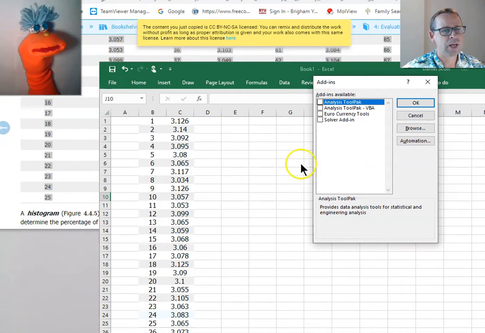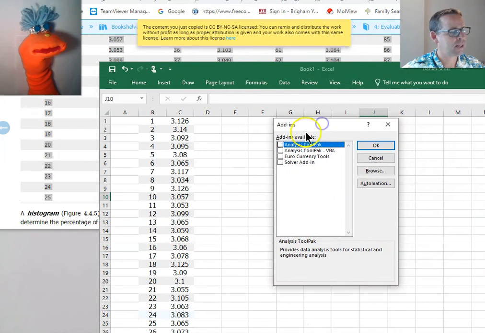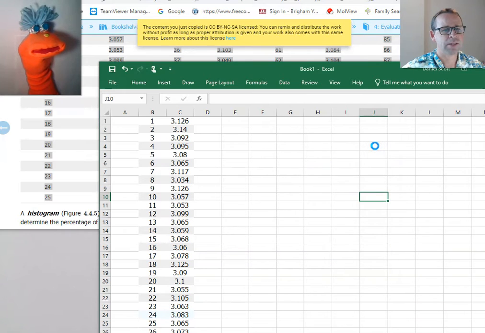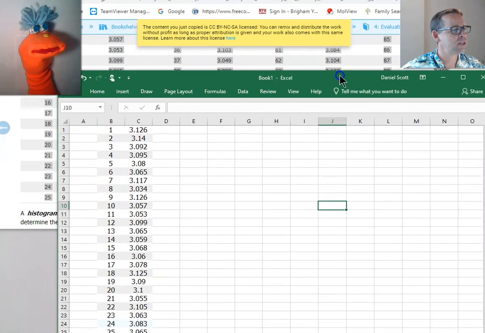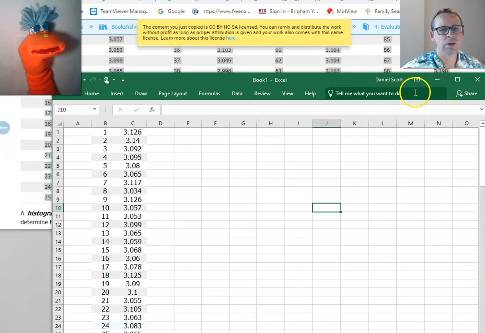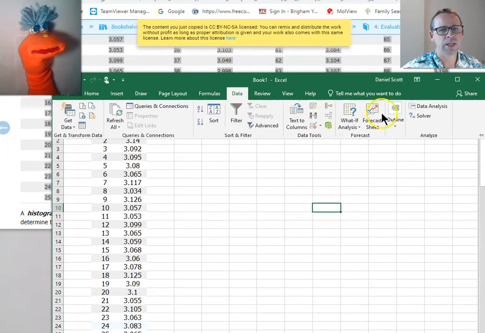Once we do that, we need to make sure that we have the Analysis Pack and the Solver add-ins included here. And then we say OK. Analysis Pack and the Solver. After we do that, we should be able to see those up here in our Data tab. So if we click on Data, we should see our Data Analysis there.